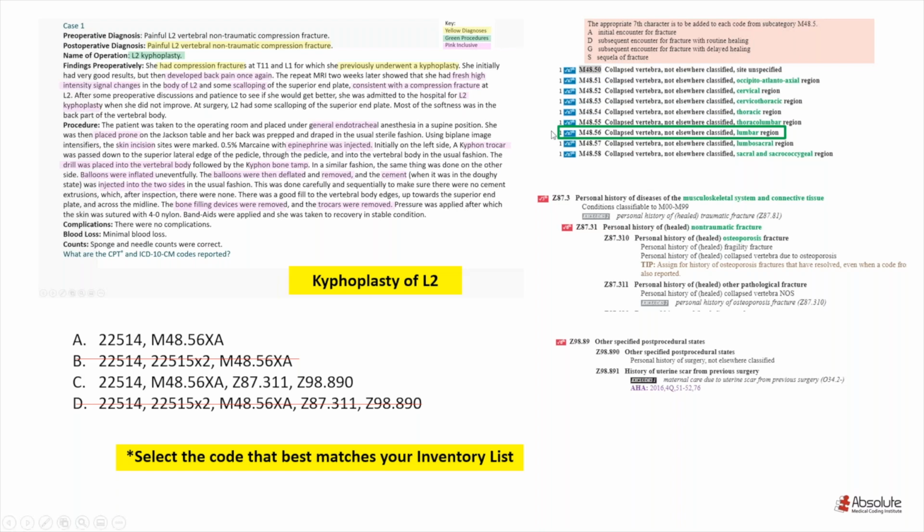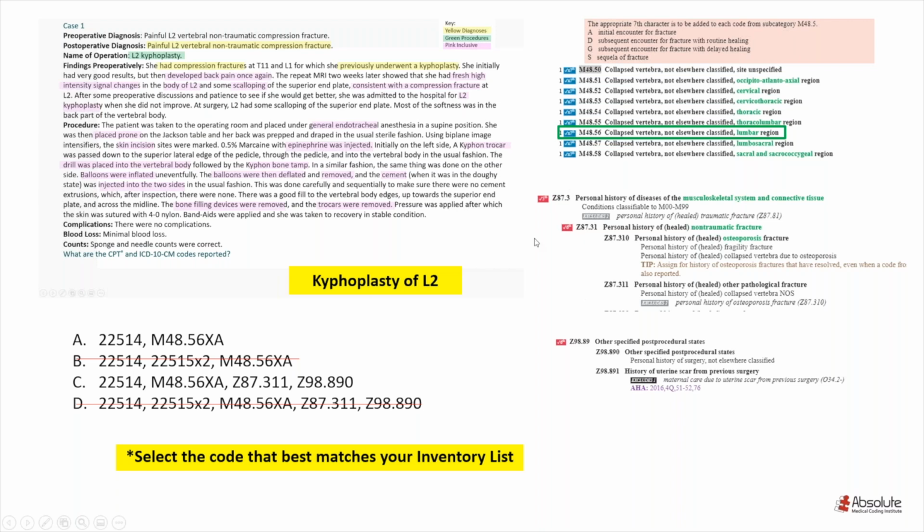We have to elongate this. And if we go up, A, initial encounter for fracture, I don't know about that. It could be, oh yeah, it is. The reason why we're using initial is because the patient is having surgery. Just thought I would tell you that it's still in the initial phase.